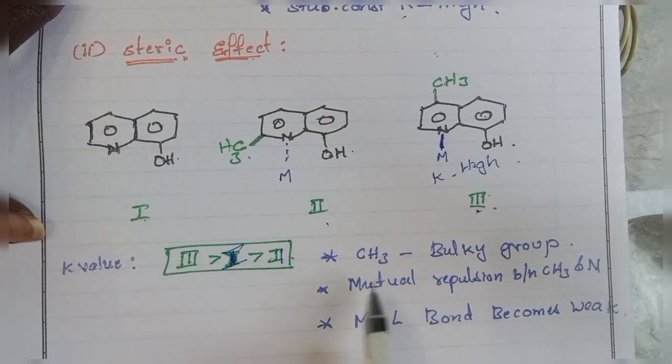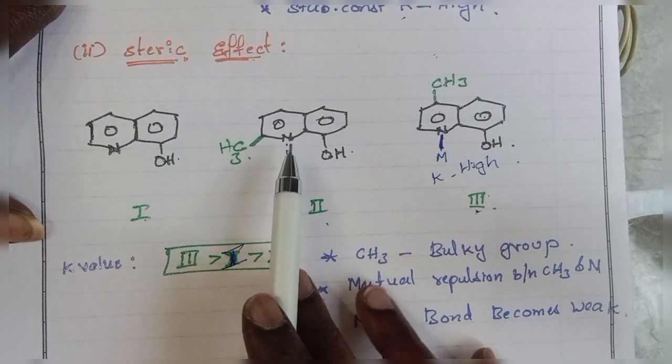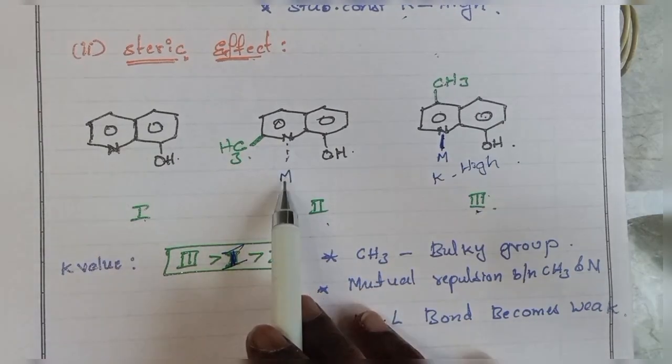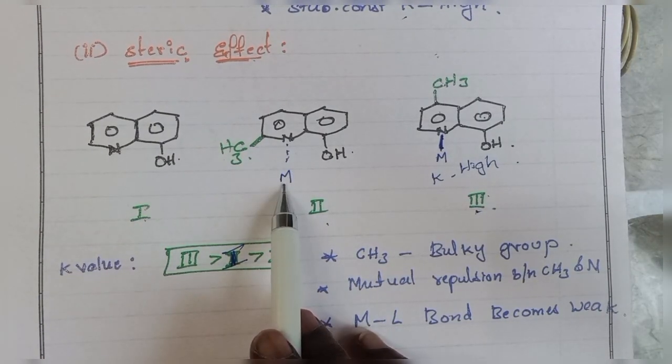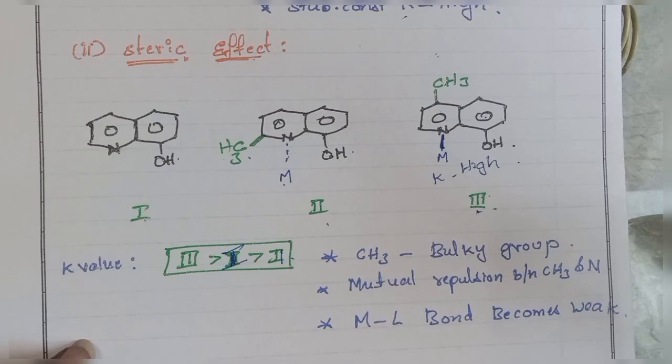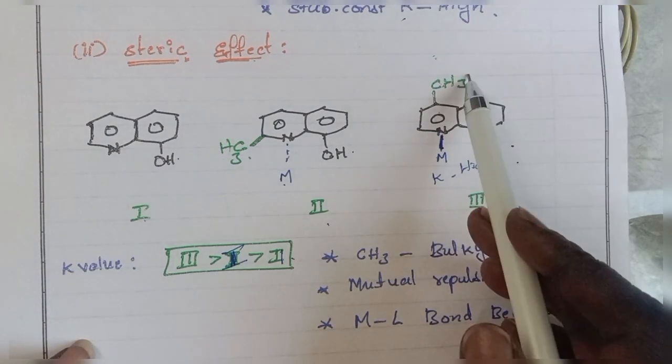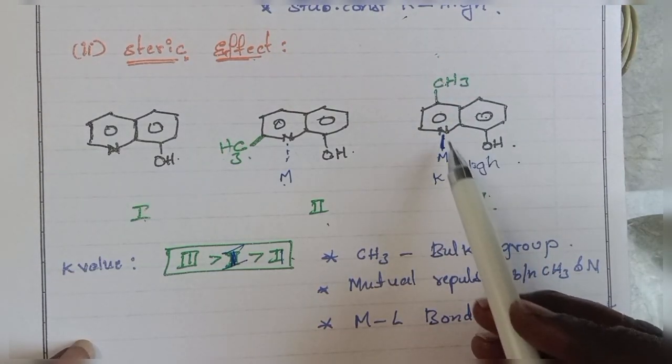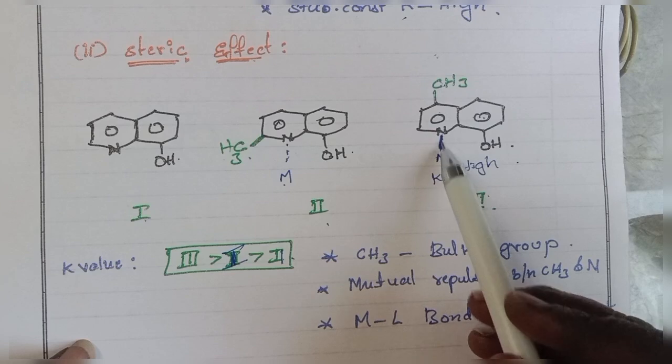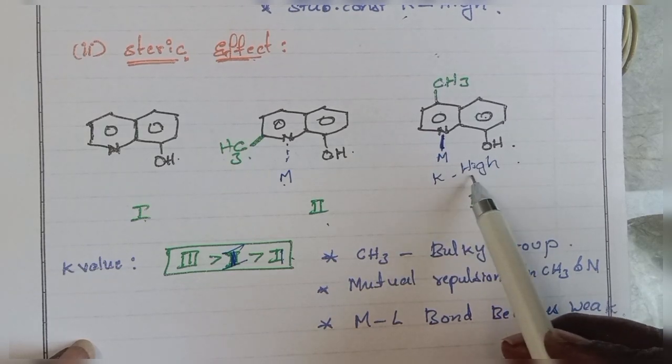So methyl is a bulky group, so mutual repulsion will take place. Therefore, the bond between metal and the ligand is weak here. Whereas the methyl group is far away from the metal ion, therefore here the bond will be strong, therefore K will be high.